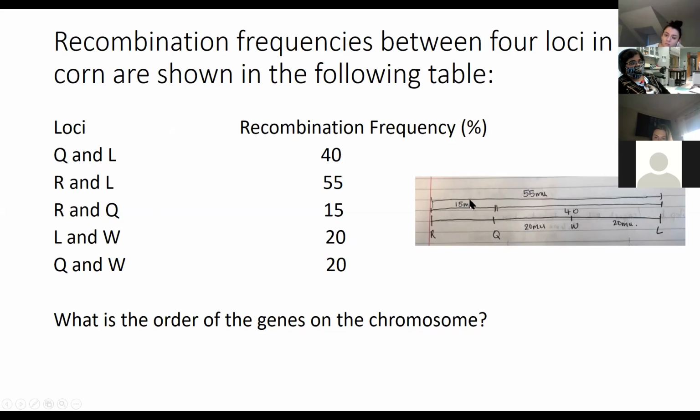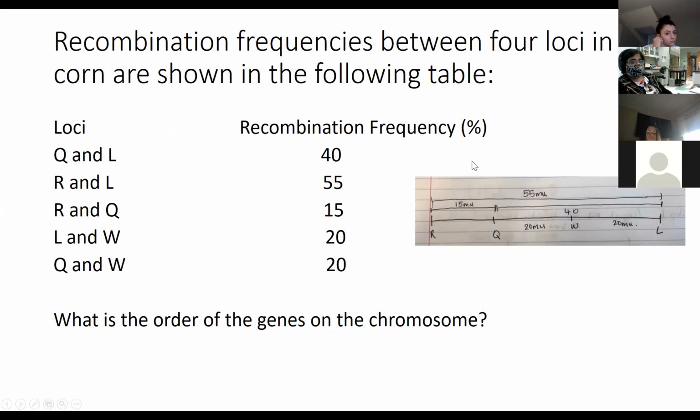It wouldn't be here because it's not higher than this guy, and it's not over here because the other one's not higher. So in this case, it would end up with Q being closer to R, but farther away from L.